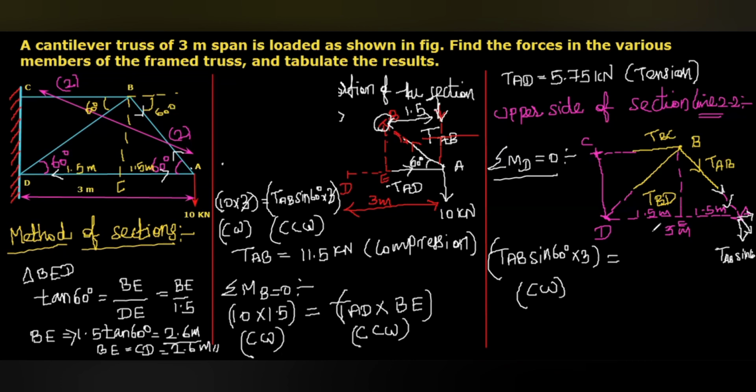Okay, that equals, here this is over. This is also we are not going to consider. TBC. When you take moment about D, this TBC may act towards the left side or towards the right side. If it acts towards the right side from the point C, then with respect to the point D, TBC multiplied with this distance CD will be in clockwise direction.